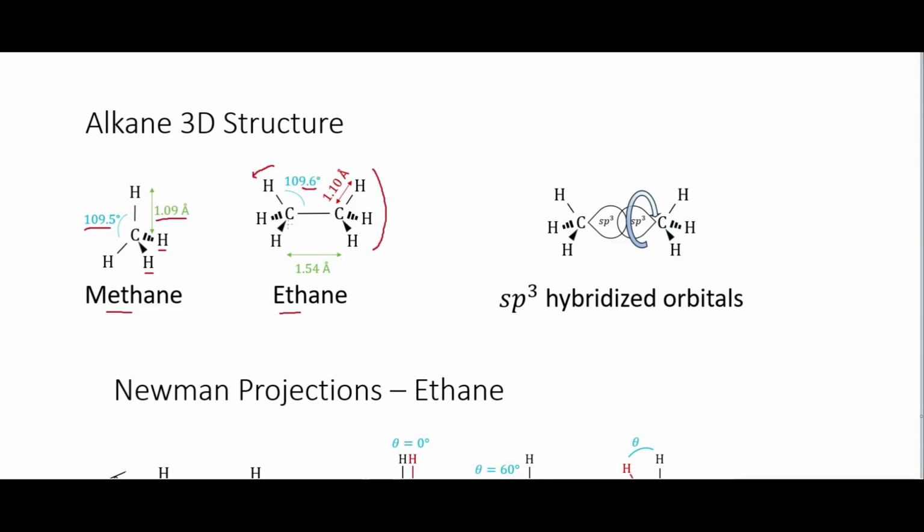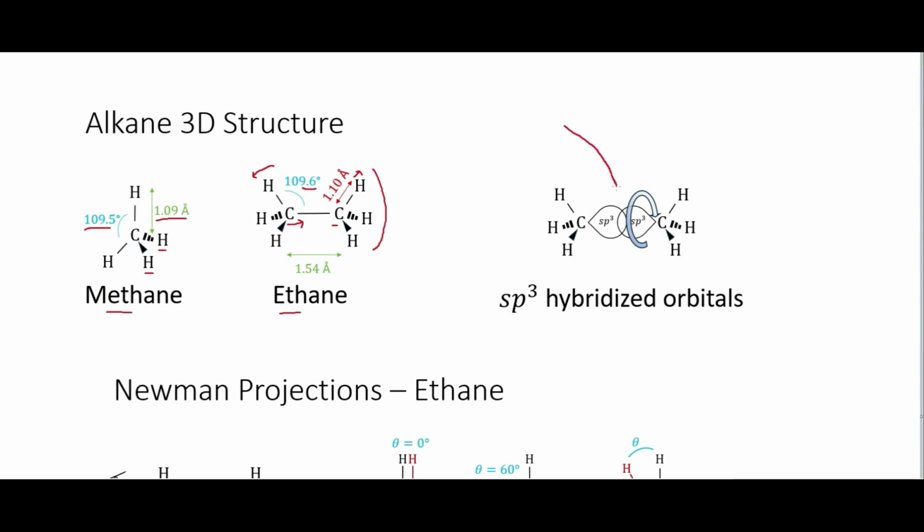This carbon here is adding a little bit of negative charge into this carbon here, which is going to push this hydrogen out slightly. And so we actually get a slightly longer carbon-hydrogen bond there.